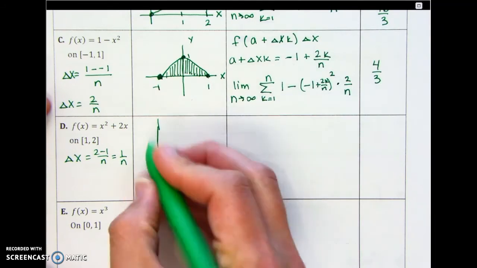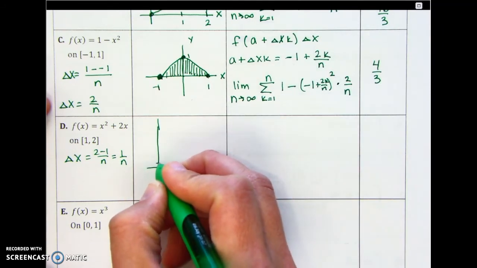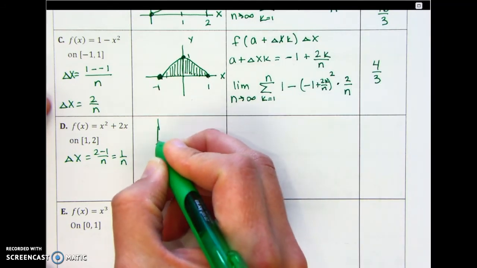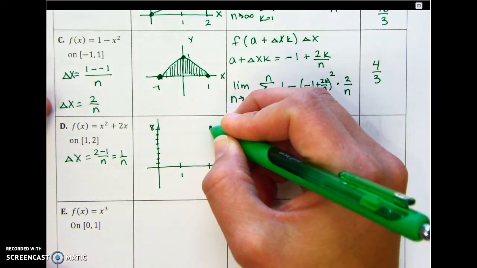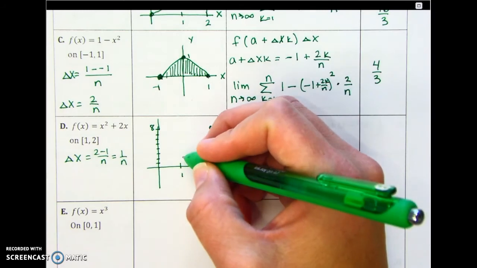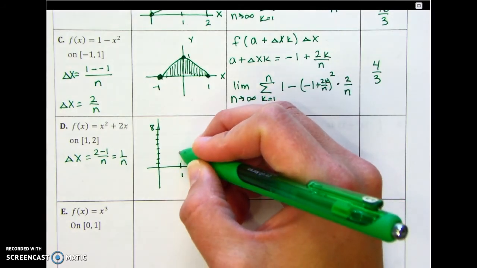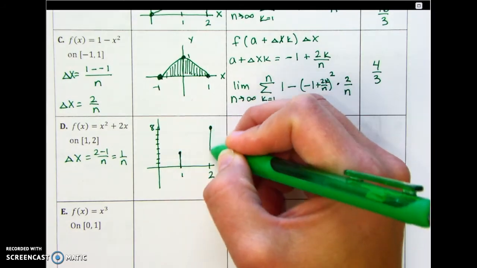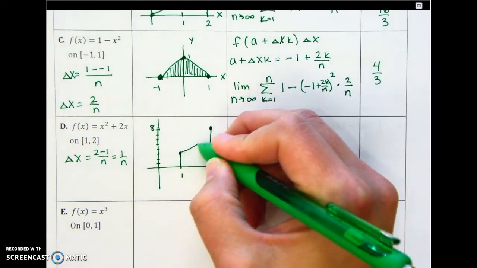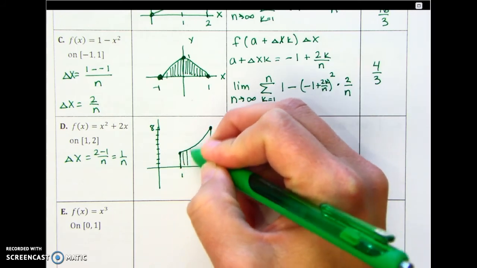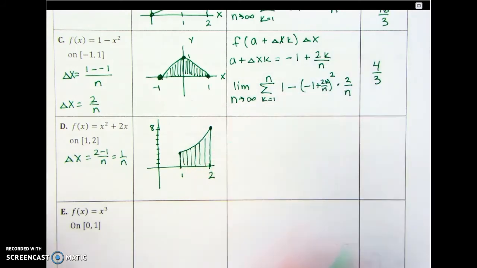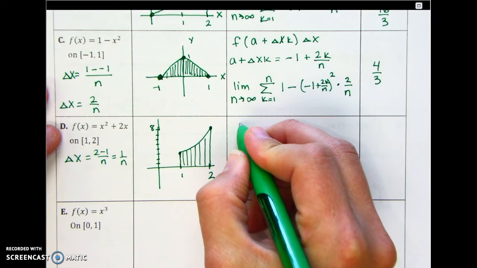So again, kind of didn't leave myself enough room to get to 8. 1, 2, 3, 4, 5, 6, 7, 8. So 2 plugged in is 8. And then 1 plugged in was 3. Is that right? Okay, you just go straight down from those endpoints, you guys, and it has a little curve to it. And this is the area we're trying to find. So this is what we're looking to fill in.